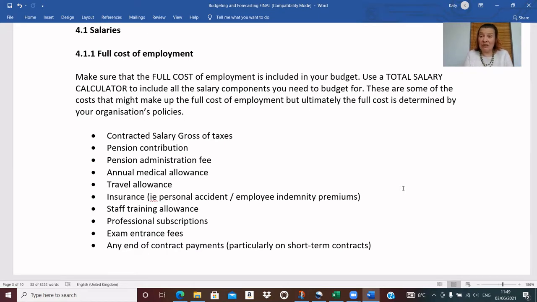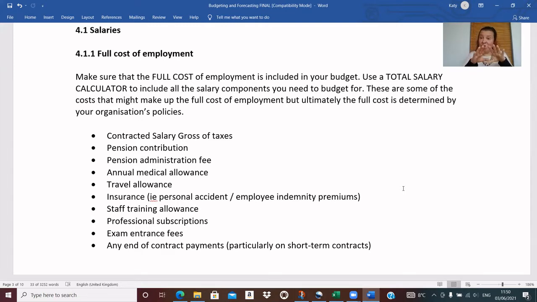And the full cost of employment includes much more than salaries. It also includes any payments that we're required to make through local legislation, maybe training commitments, pension commitments. Then we also have staff benefits that are dictated through our organisational policies, and these may be annual training allowances, contribution to professional subscriptions or exam entrance fees, medical allowances, travel allowances, potentially housing allowances.